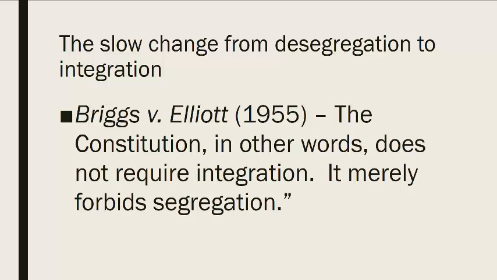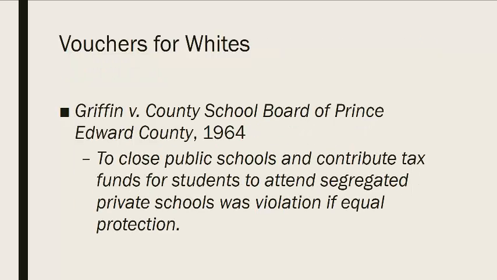There will be cases brought and taken through to the courts. For example, the case of Griffin versus County School Board of Prince Edward County. Earlier I said that one of the ways that schools got around desegregating was that they simply closed all schools and they were giving vouchers to white students.